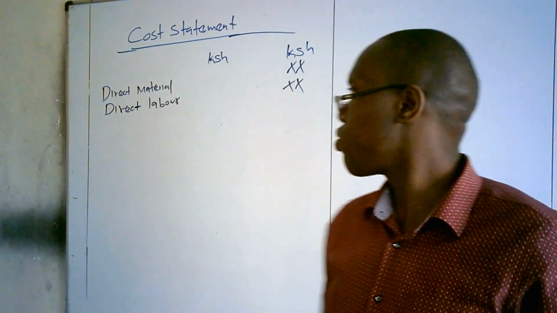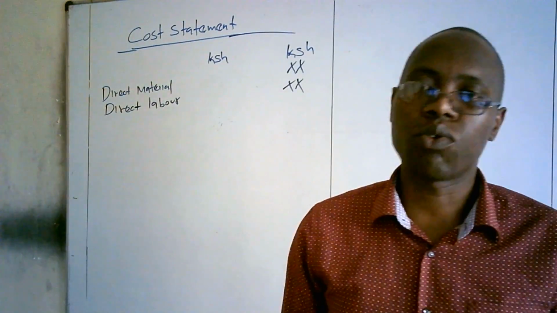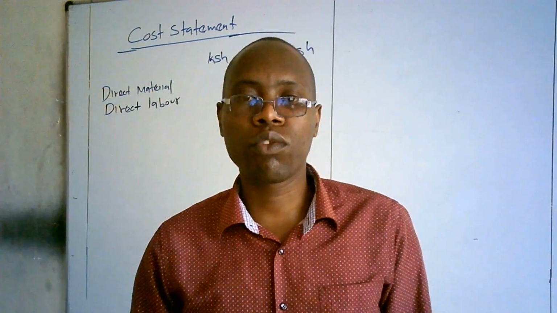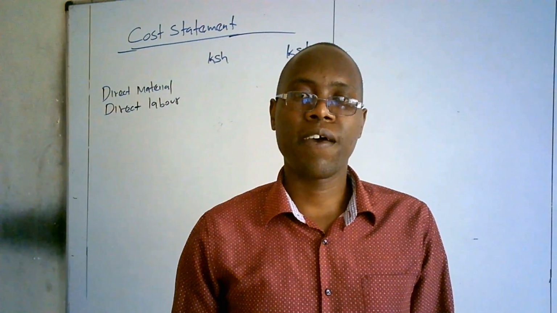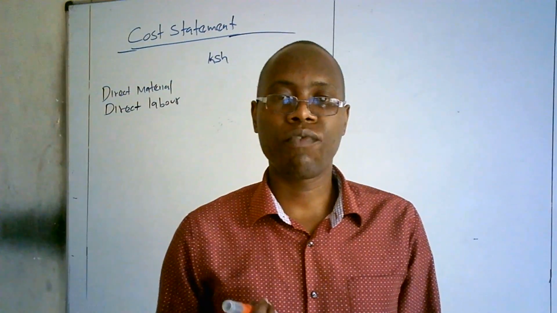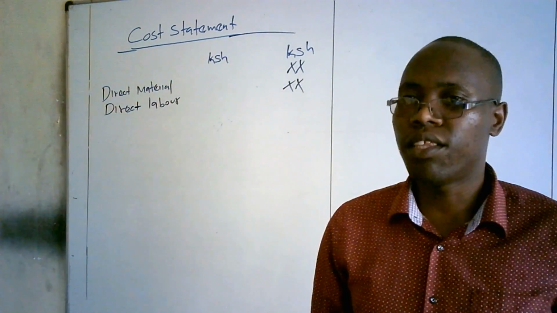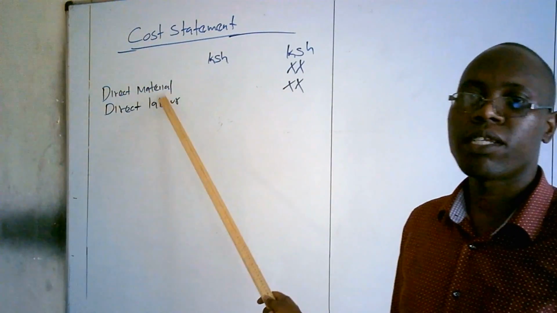Reason being, there is no way that a company can survive without materials. The material usually constitutes 50 to 70% of the total cost of production, because a manufacturing company cannot survive without material.